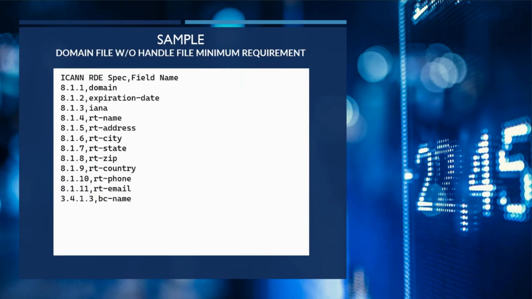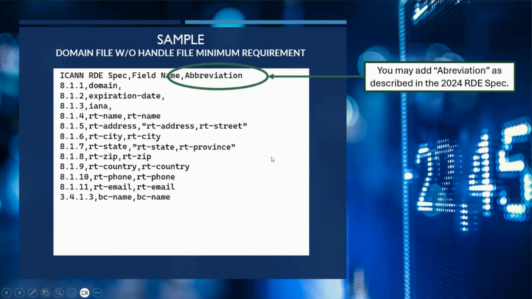This is a sample for a domain file without using a handle file, also with the minimum requirements. It's similar, but you are seeing in the file names on the left that the word handle is not written. You may add abbreviations as described in the specification.